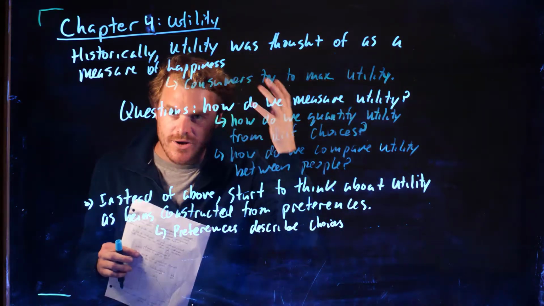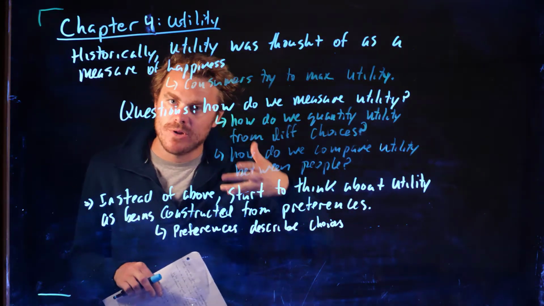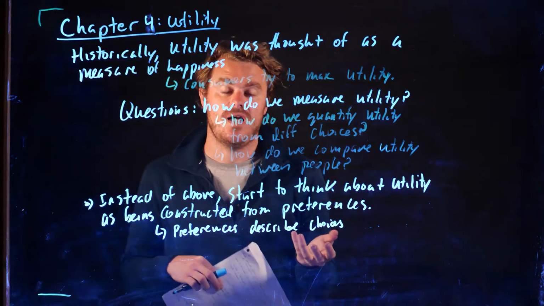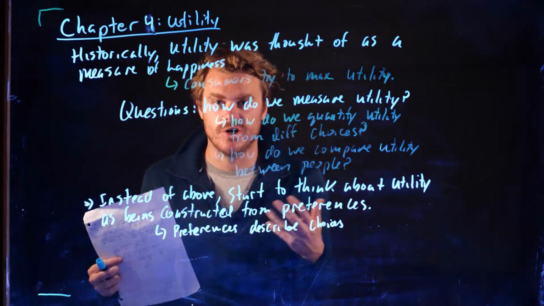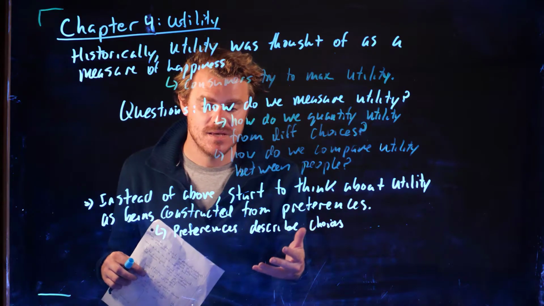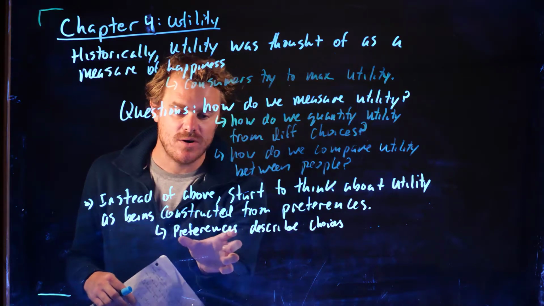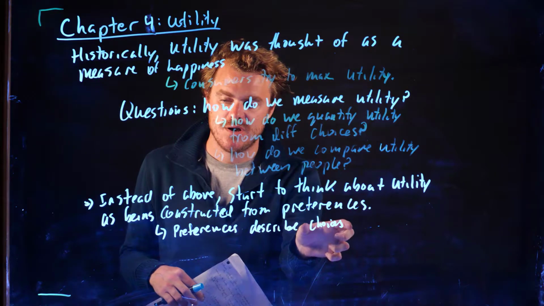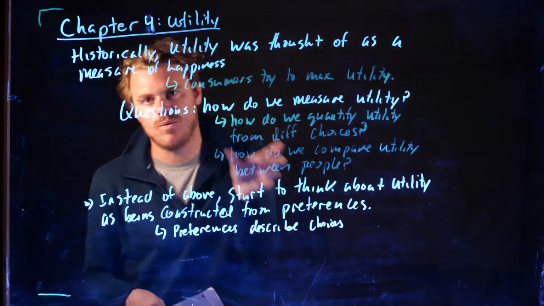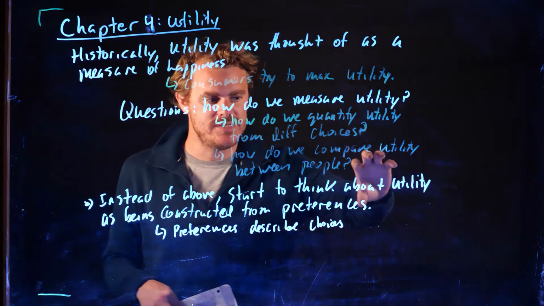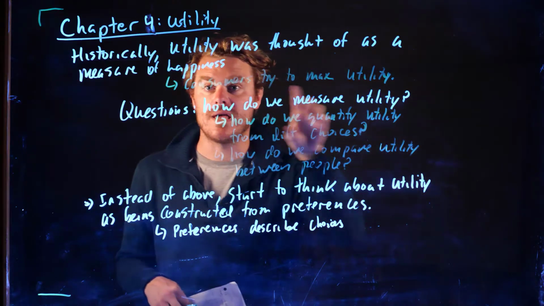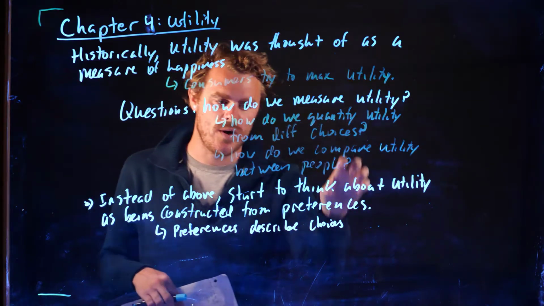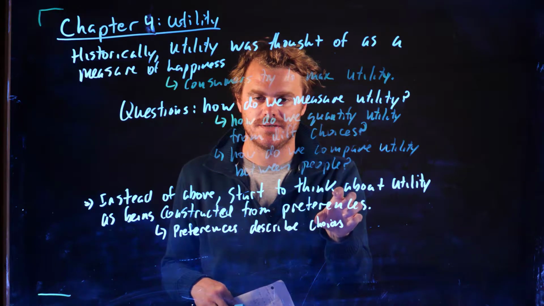So how we're actually thinking about it is people are making decisions about which bundles of goods to buy. And based on that, we're coming up with preferences to describe those choices. Now what we're doing is going one step further, and using this idea of utility as a way to describe preferences, which are a way to describe choices.